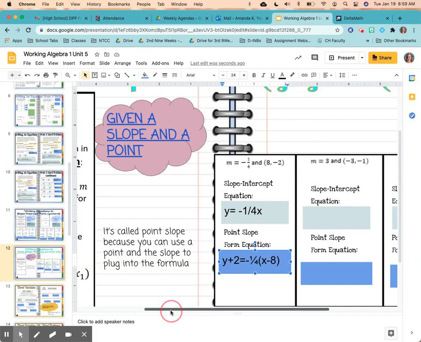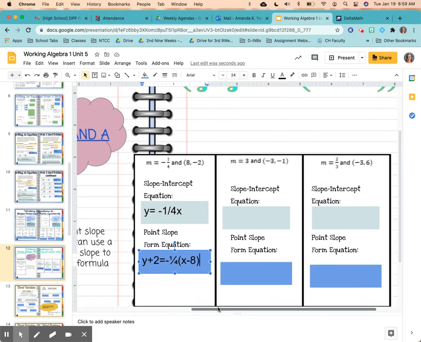Okay, let's go to the next one. Let's write down the important information. So number 2, it's going to be m equals 3, negative 3, negative 1.